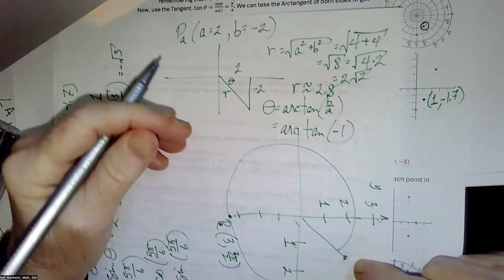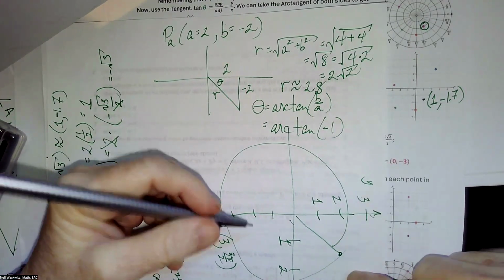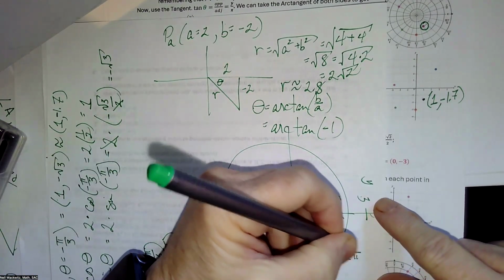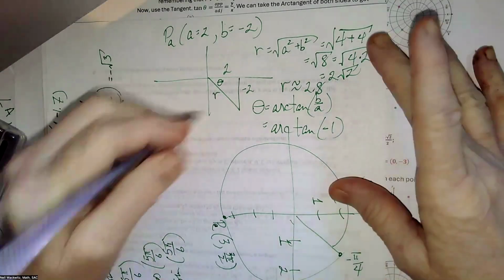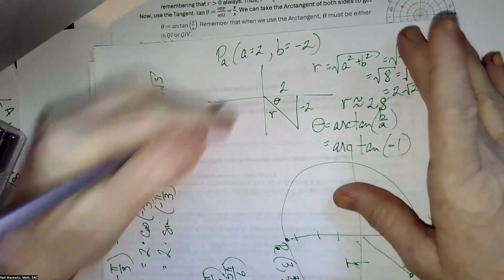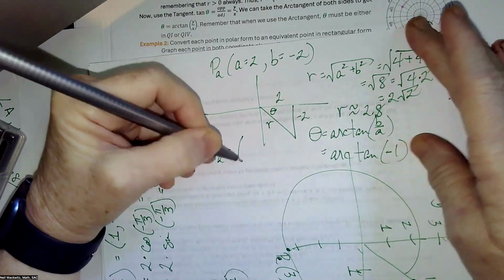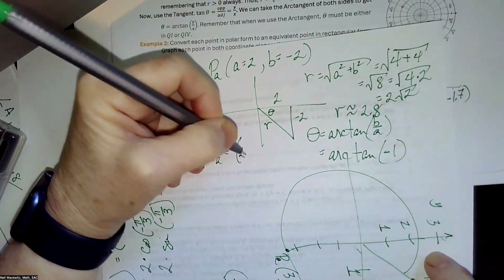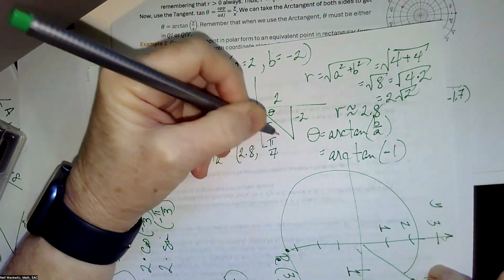And the place where sine and cosine are the same, so that we get a -1, is -pi/4. So this point, little a, will be (2.8, -pi/4).